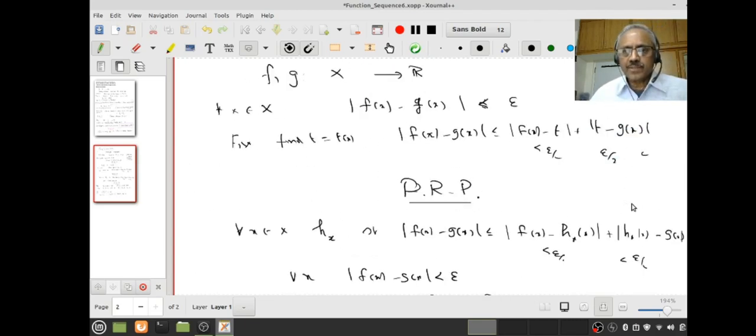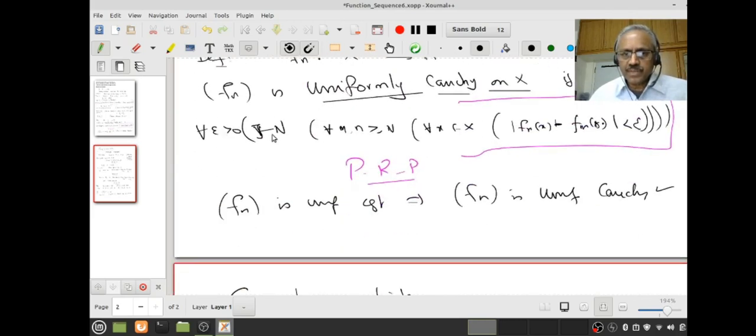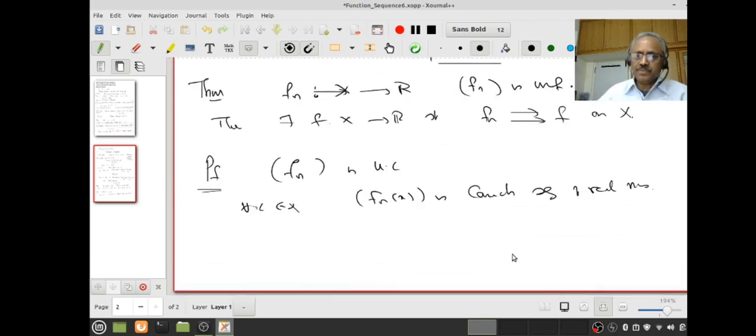Yeah, go back to the definition. Yes or no? Because for every epsilon there is an N, and you have fixed an x, so therefore for every x also |f_n(x) - f_m(x)| is less than epsilon. Is that clear? Now you fix an x, f_n(x) is a Cauchy sequence of real numbers, but by Cauchy completeness of R we know that there exists a real number, call it alpha, such that f_n(x) converges to alpha.